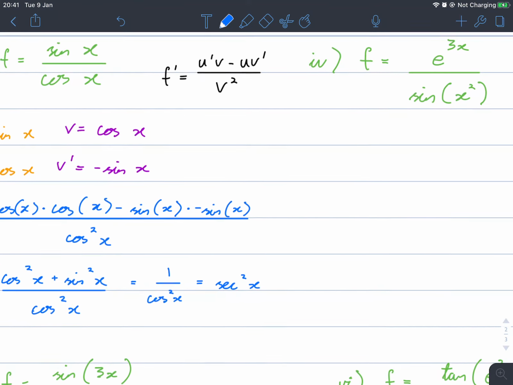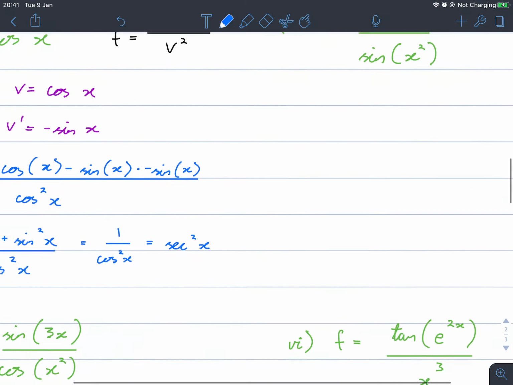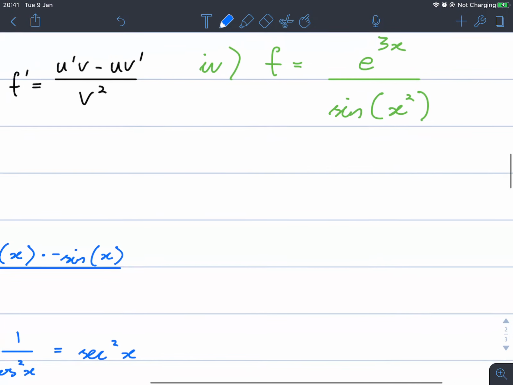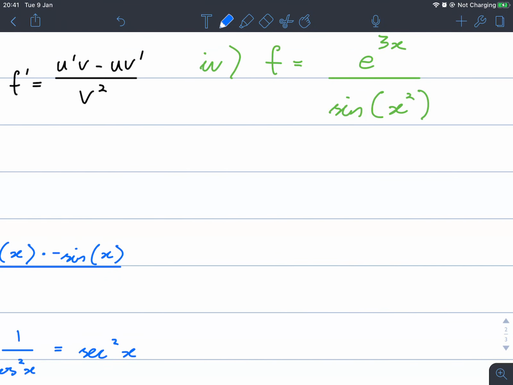Okay, let's finish off this last one. These last three. Using our rule just here in the top left corner. Let's let u equal e to the 3x, with u prime being e to the 3x times the derivative of 3x, which is 3.